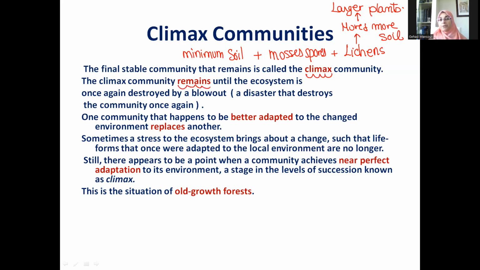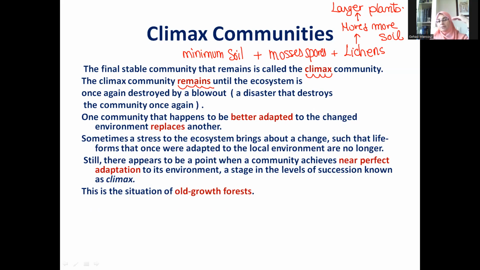This climax community will remain until the ecosystem is once again destroyed by another disaster, another blowout, a disaster that destroys the community once again. Okay, so we have gradual rebuilding of the ecosystem until we get a final stable community that we call the climax community.